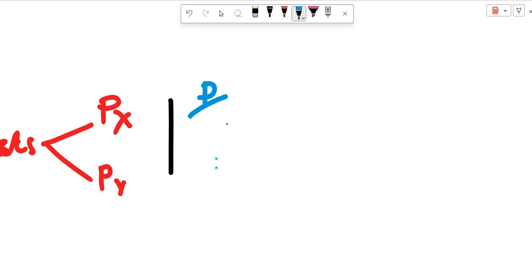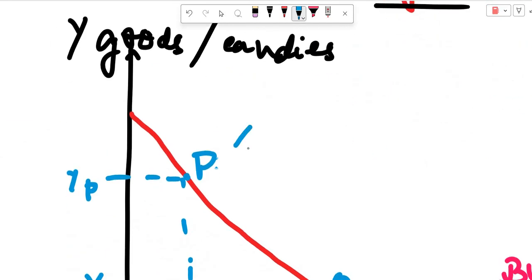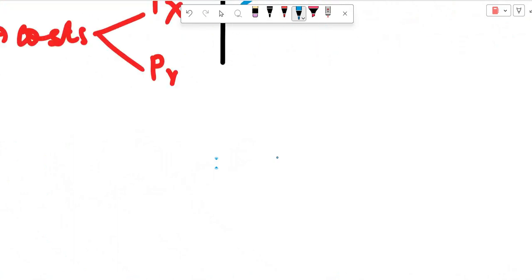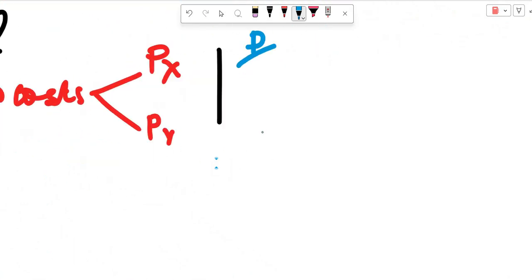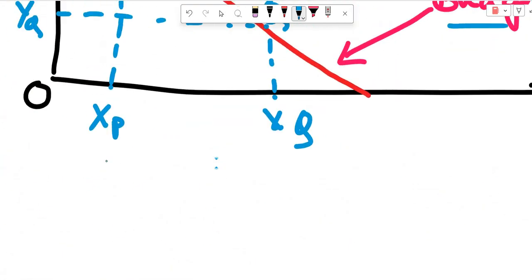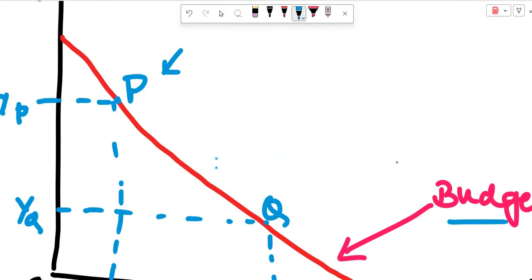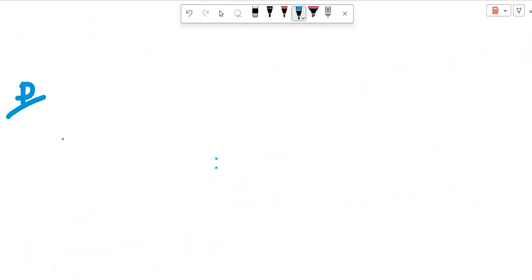So when you're at point P, basically I'm talking about this point, right? Point P. So if you're at point P, you bought XP units of chocolates and YP units of candies, right?